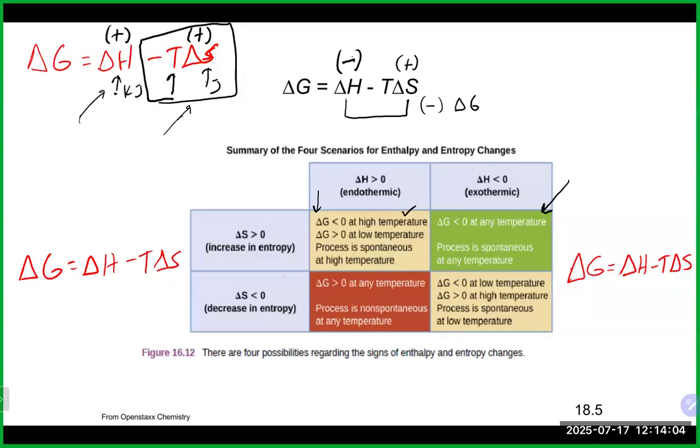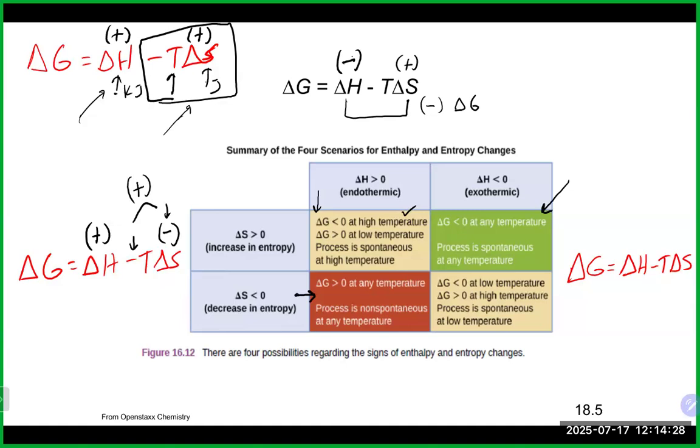If we look at the third box, that is an endothermic delta H, which means that it is positive. And we have a decrease in entropy, which means that it is negative. This negative, along with this negative, is now going to turn this whole back part into a positive number.